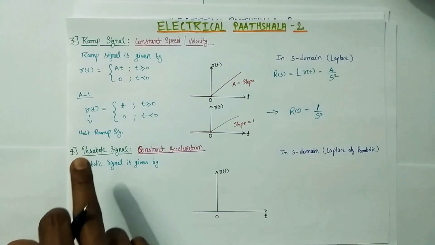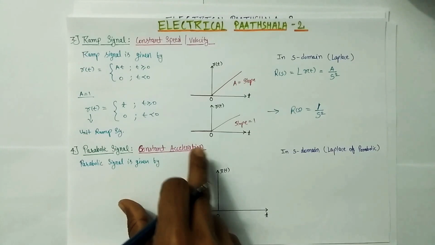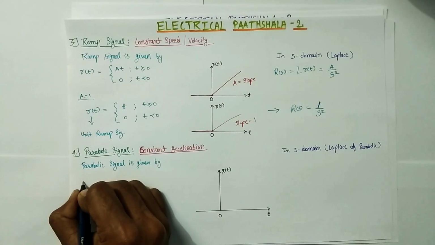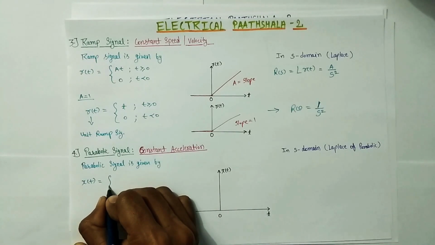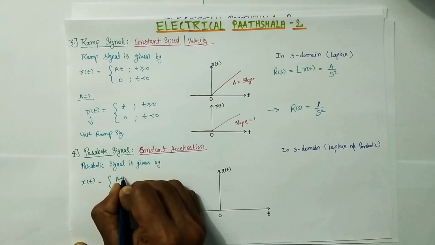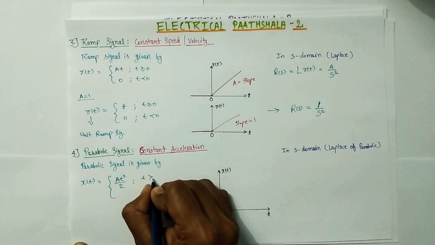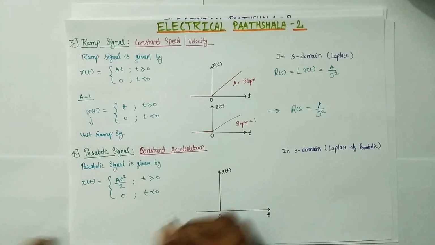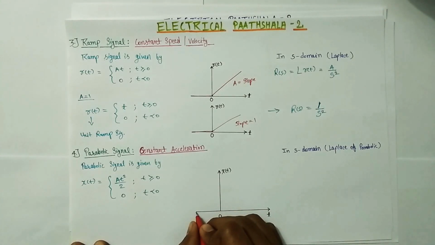So coming to our last test signal, which is the parabolic signal, also known as constant acceleration. The parabolic signal is given by x(t) equals A t square by 2 for t greater than or equal to 0, and 0 for t less than 0, and it is graphically represented like this.